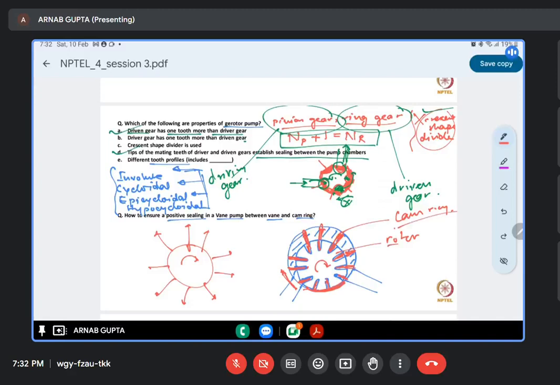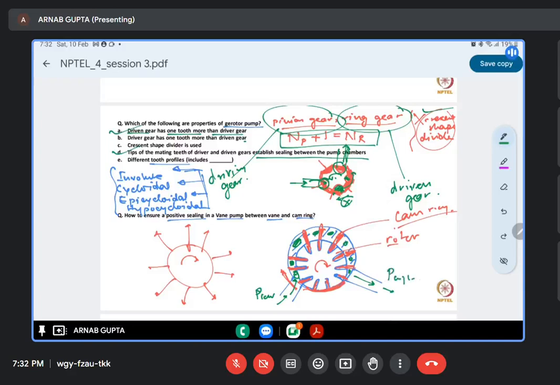So what happens when the liquid is getting sucked in from here? It flows through these small pockets, and finally, upon reaching here, the pressurized liquid flows out. This is the low pressure, and this is the high pressure.